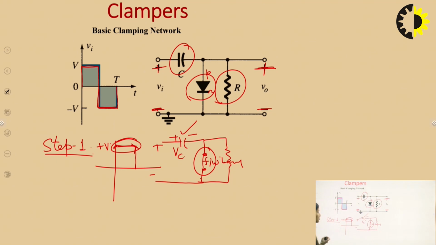So this is plus minus VO. Since this diode is forward biased and resistance is 0, the voltage across these two terminals will be 0 volts. The voltage across this resistance will be 0.